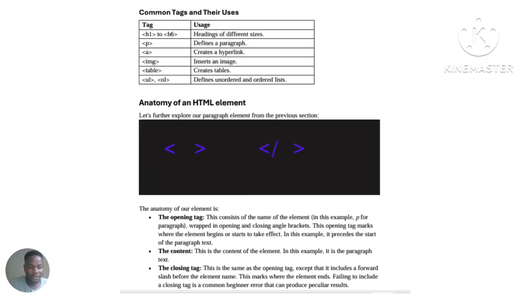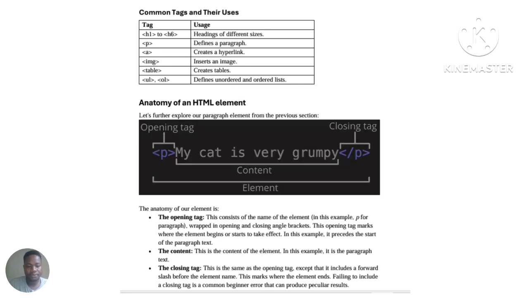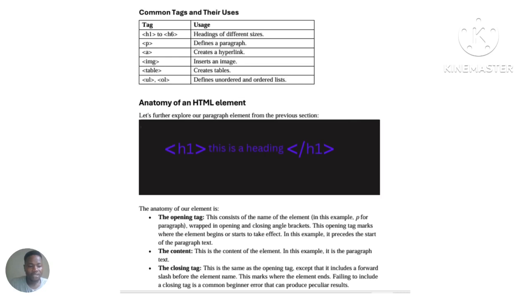This is a tag. This is the opening tag and this is the closing tag. The opening tag is represented by less than and greater than, while the closing tag is represented by less than, slash, greater than. So let's see some examples of how it works. Now, this is H1, the heading tag.